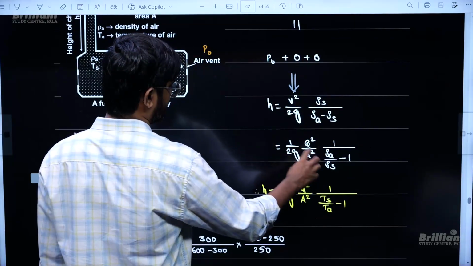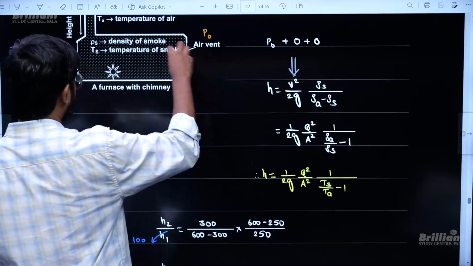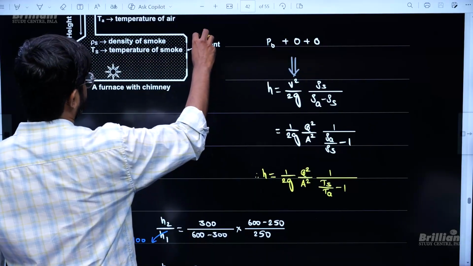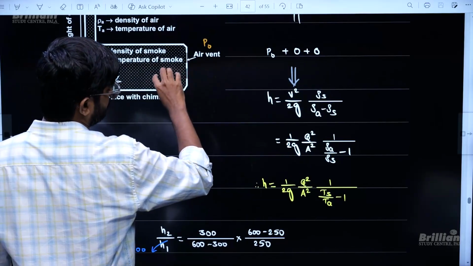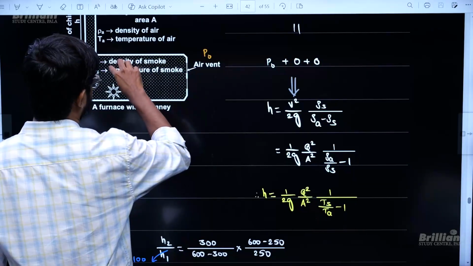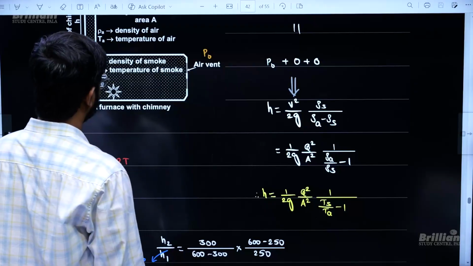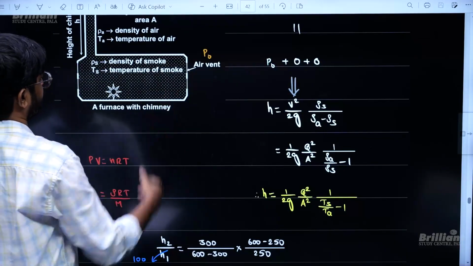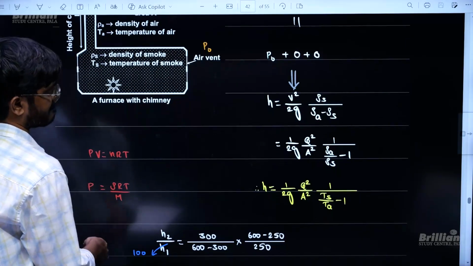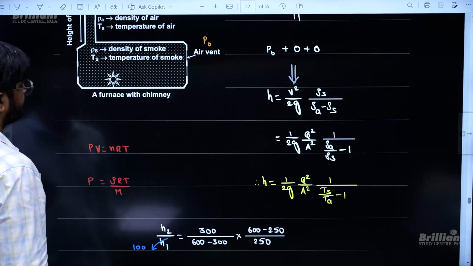Now this is our constants. Now we need to write this in terms of temperature. Rho a is the density here, everywhere it is same. So rho a is the density outside and rho s is the density of the smoke inside, where temperature is Ta and Ts, right?